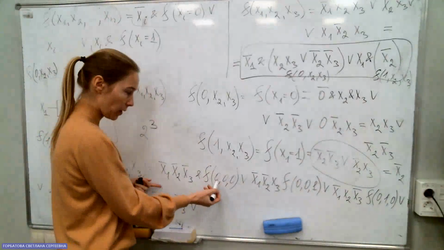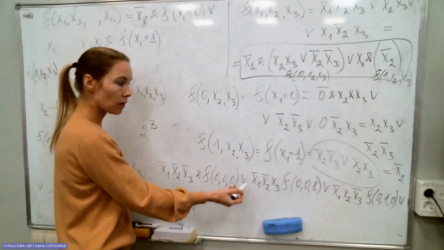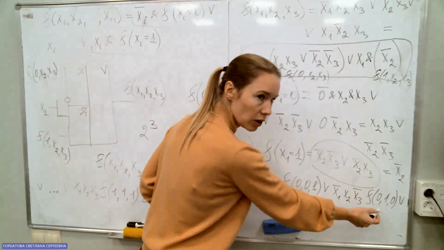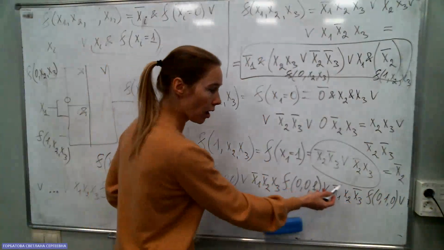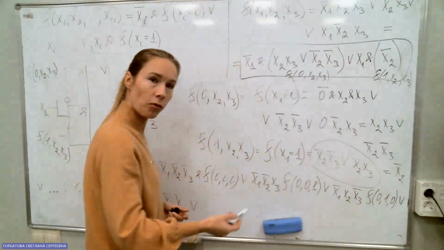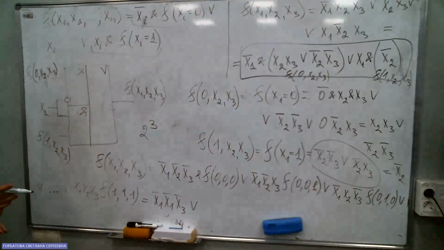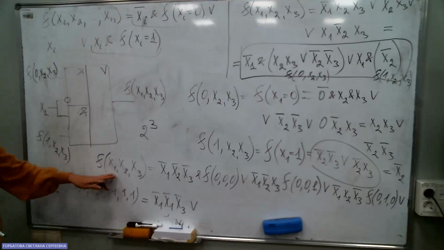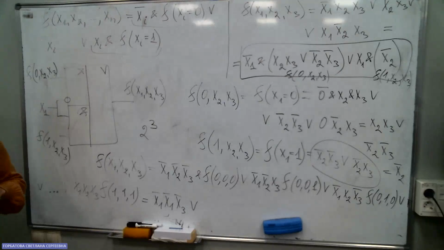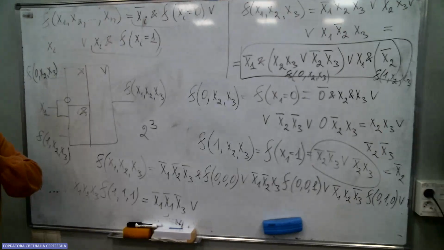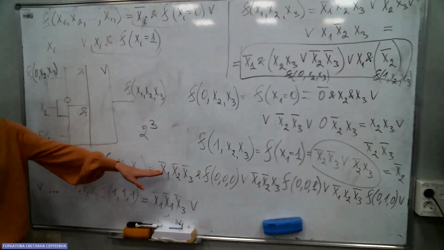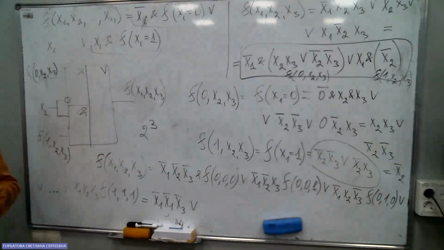This is the first combination, this is the second combination, then this one. It is 0, 1, 2, 3, 4, 5, 6, 7. That's all, 7 is 1, 1, 1, because there are just three variables: 3 variables, 8 variants, 8 points of combinations with negation or without negation for each variable.